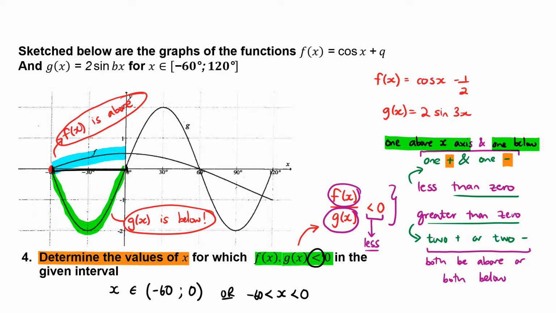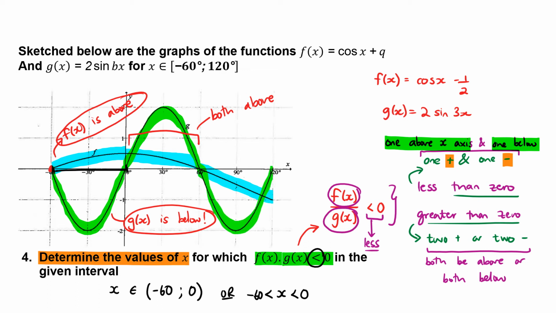And then if we carry on highlighting, we'll see that over here, f of x is above the x-axis and g of x is above the x-axis. So for this entire stretch from there to there, they are both above the x-axis. And likewise, if we carry on, there goes f of x below the x-axis, and there goes g of x below the x-axis.